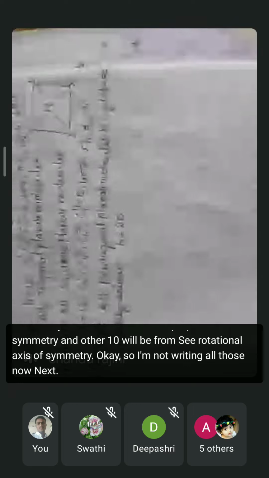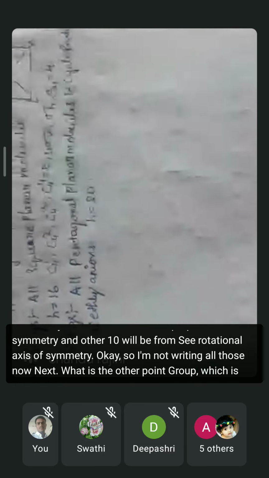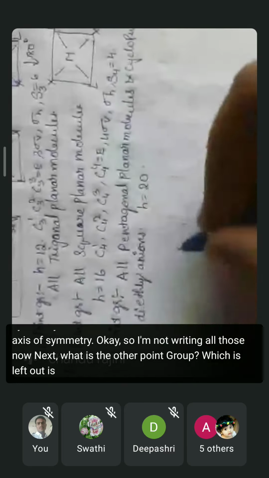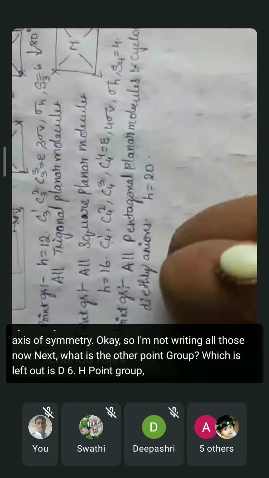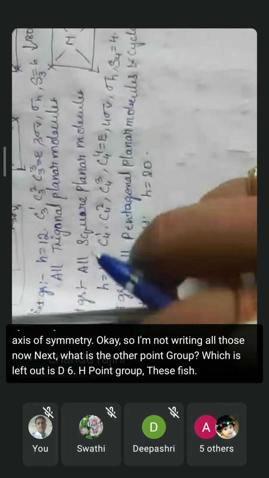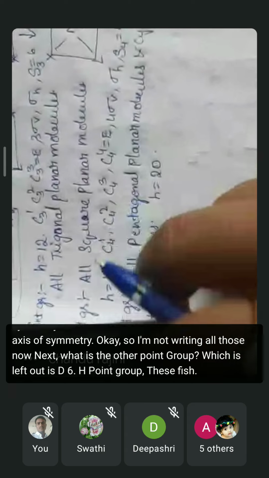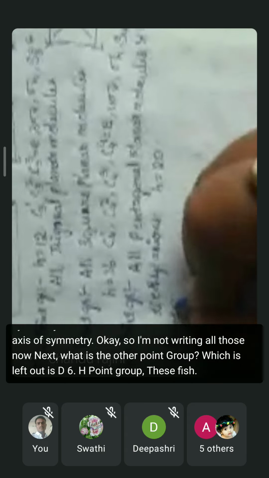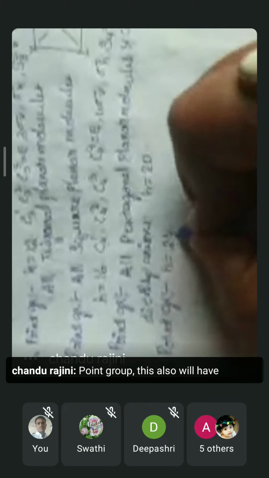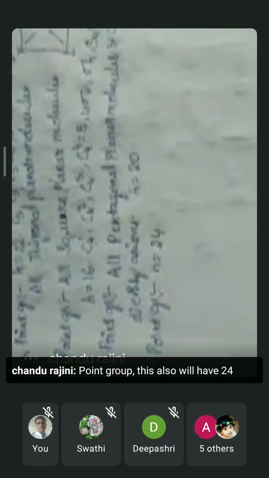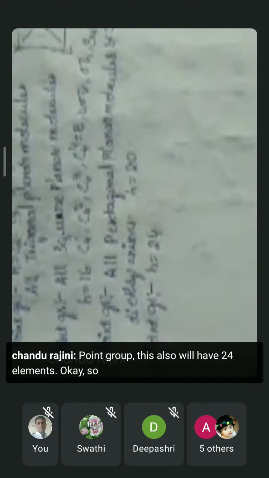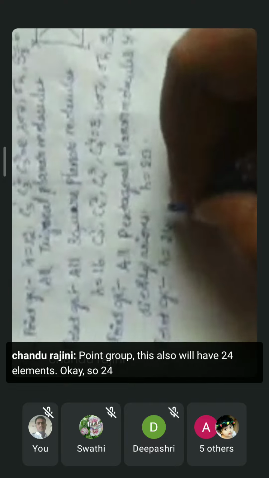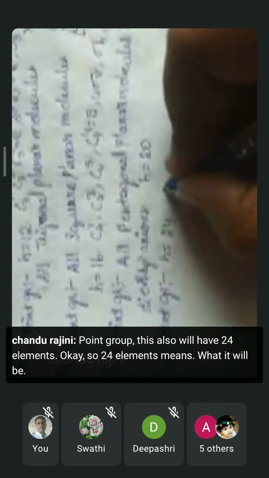Next, the other point group which is left out is the D6h point group. This also will have 24 elements. What will they be?